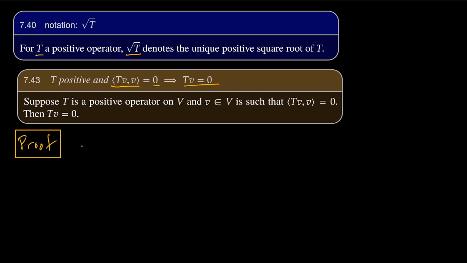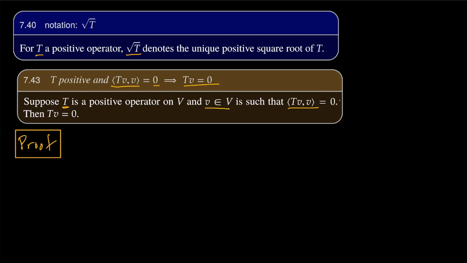All right. So, if T is a positive operator, and v is a vector in V such that the inner product of Tv with v is equal to 0, then Tv is equal to 0. That is, if v is non-zero and is an eigenvector corresponding to the eigenvalue 0 of T, then the inner product of Tv with v is 0 as well.